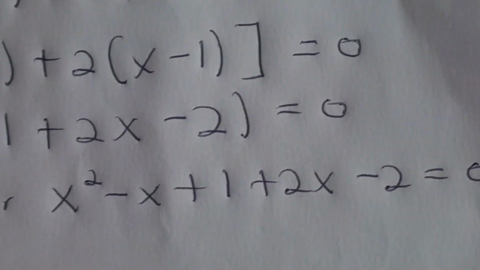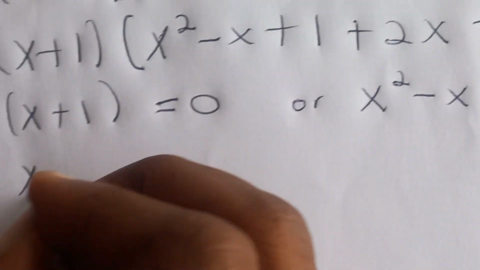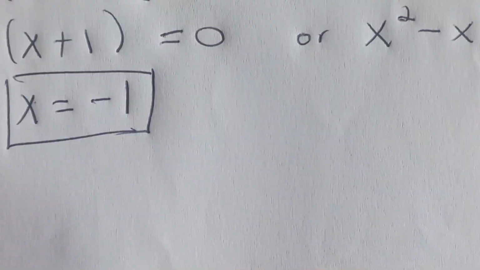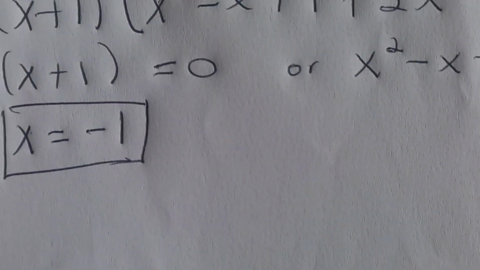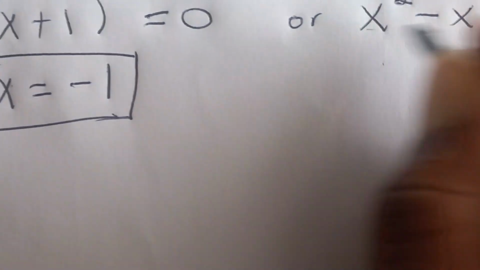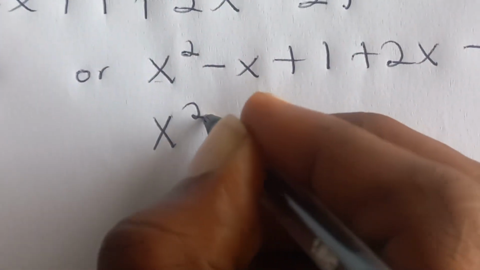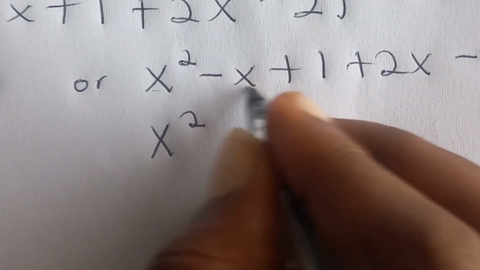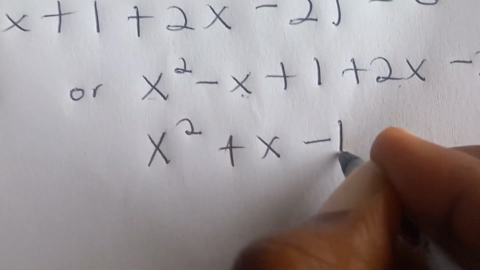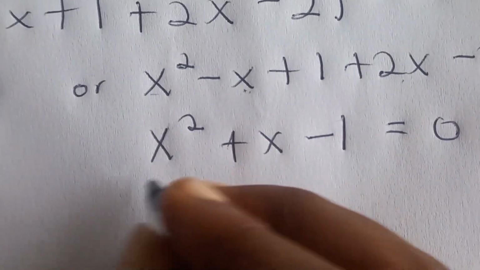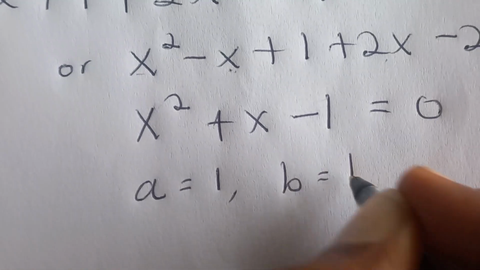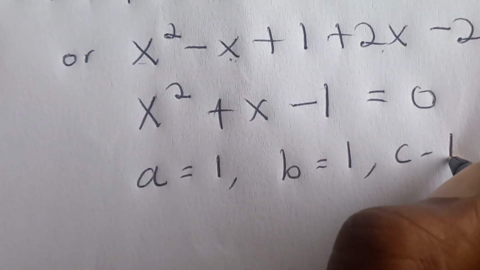So from here we have x is equal to negative 1 as one answer. Okay, now let's simplify. We have x squared, this and this, we get plus x, then this, which is minus 1, is equal to 0. So from here, our a is equal to 1, b is equal to 1, and c is equal to -1.